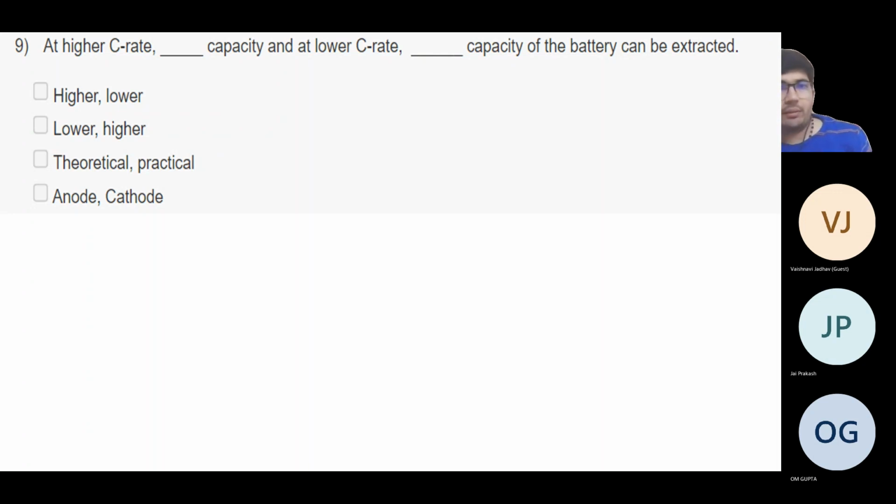Based on the C rate, a particular C rate may get up to 95 ampere hour from that battery, but another C rate will give you only 80 or maybe 85 ampere hour, lower capacity. So in practical application, you will get a lower capacity than the designed value due to the C rate.